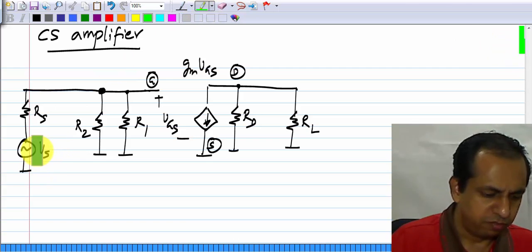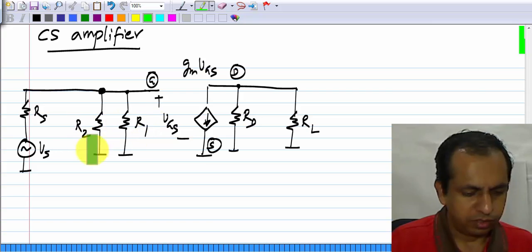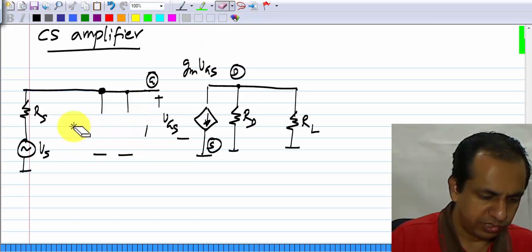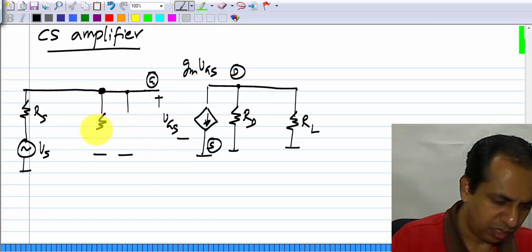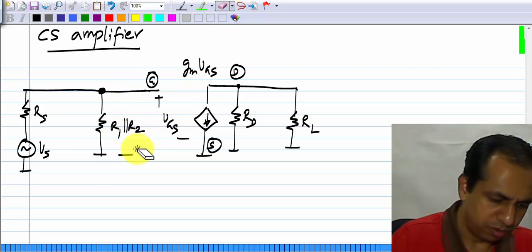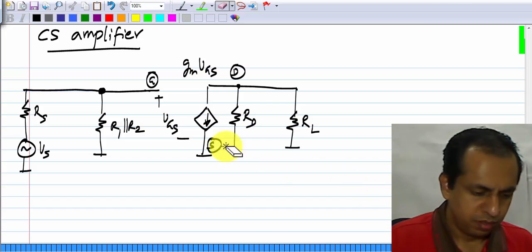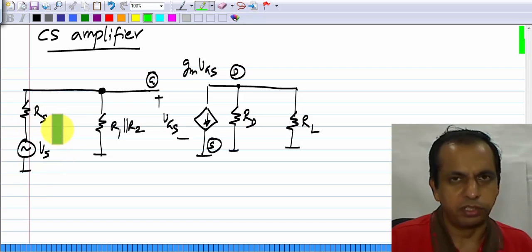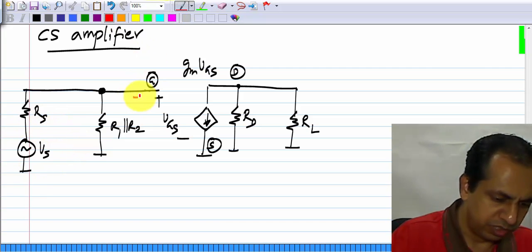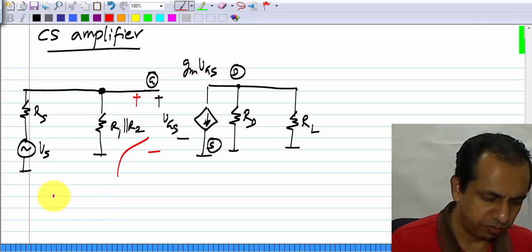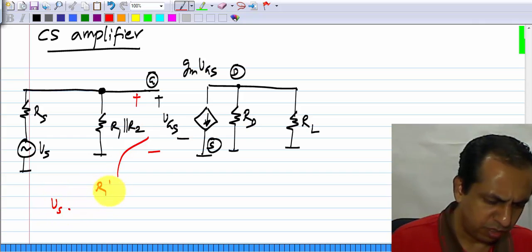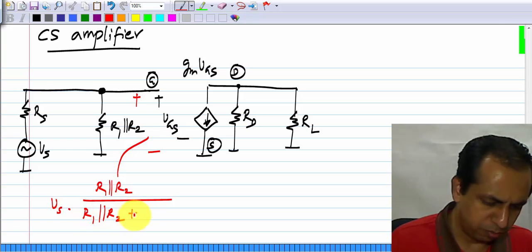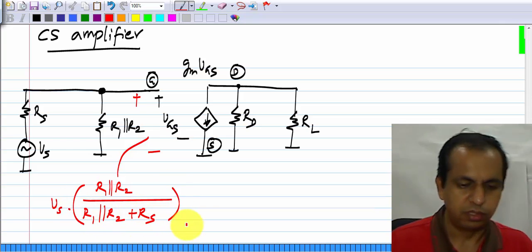We have Vs, Rs, and this whole thing can be replaced by a single resistor, which is R1 parallel R2. And you can see that these two resistors form a voltage divider driven by the source Vs. So, this voltage here, which is VGS, is equal to Vs times R1 parallel R2 by R1 parallel R2 plus Rs.